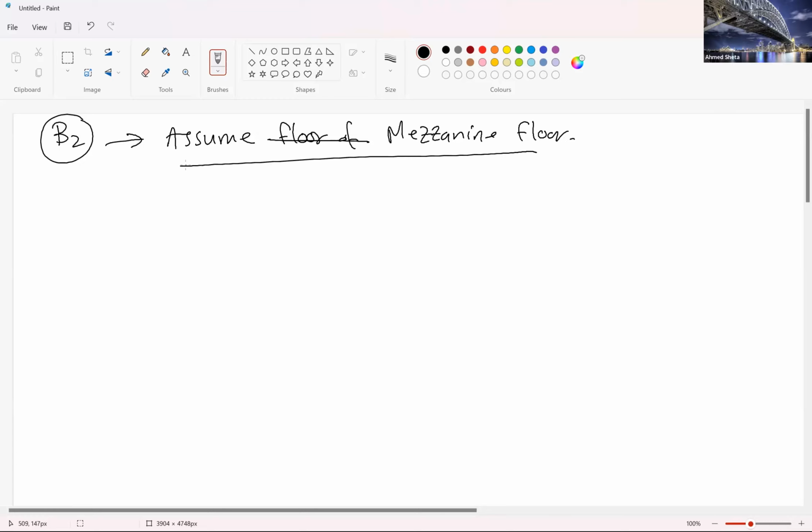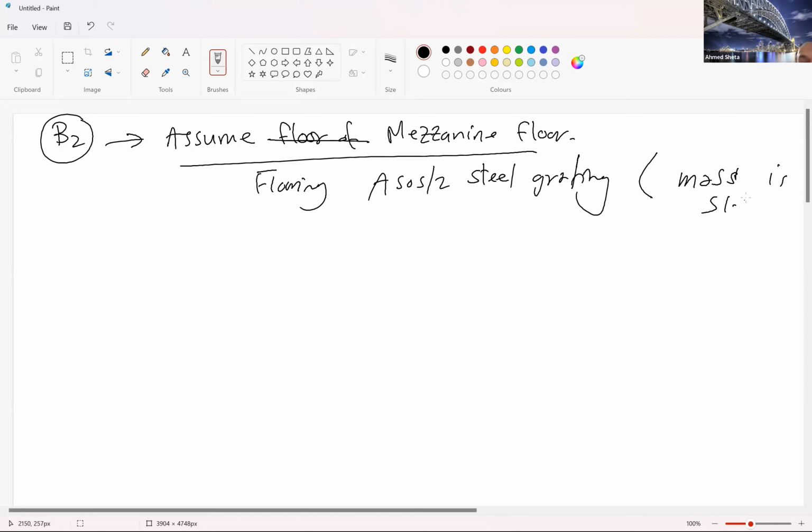So what you will assume for the mezzanine floor, the flooring, is something similar to what is here, A550/2 steel rating. So from the table, you find the mass is 5,105 kilogram per square meter.